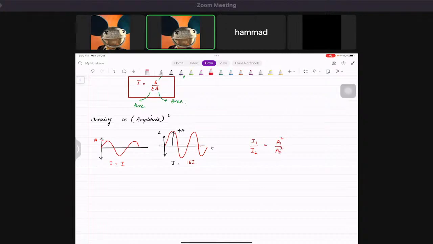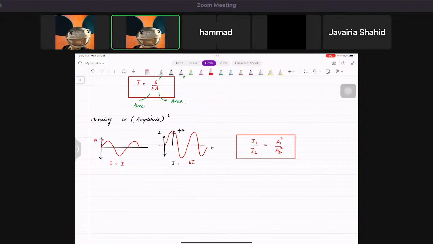This will generally give you easy answers to the ratios they're going to give you, because this stays the same. All right.